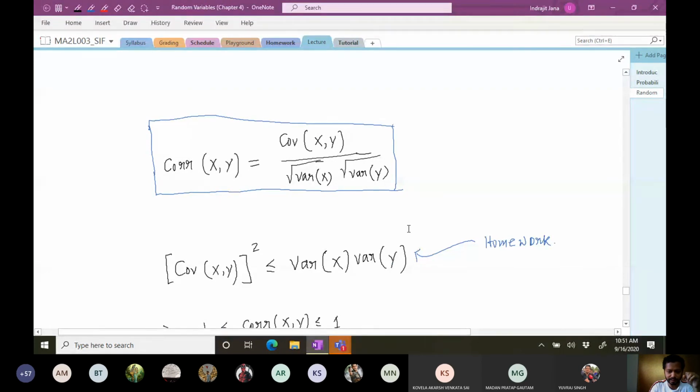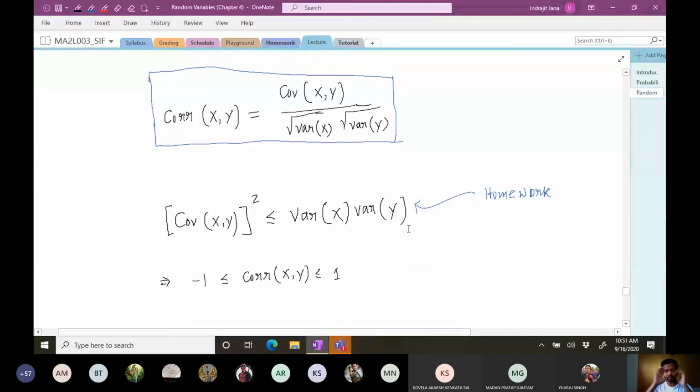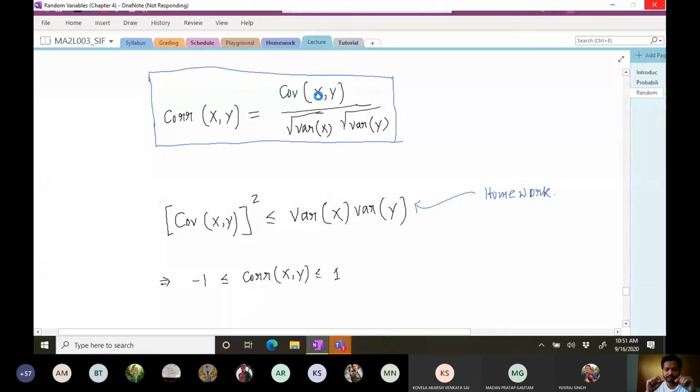Okay, actually, before stopping, let me tell one small thing. This is related to covariance, which is called the correlation coefficient, which is kind of covariance. The correlation coefficient between X and Y is covariance divided by the square root of their variances.